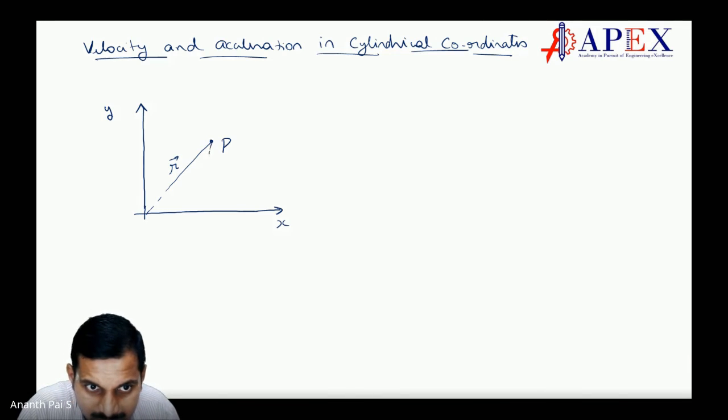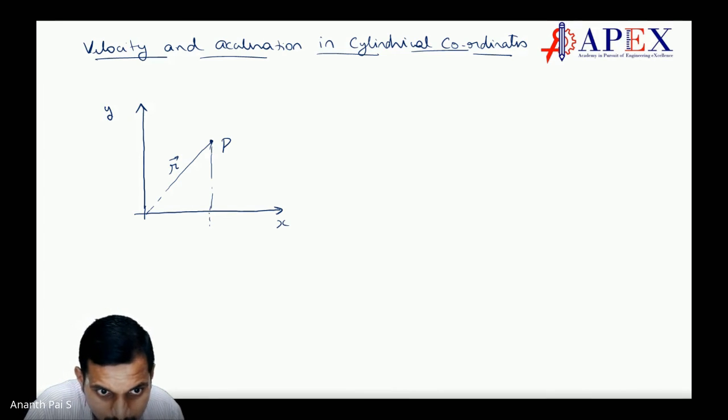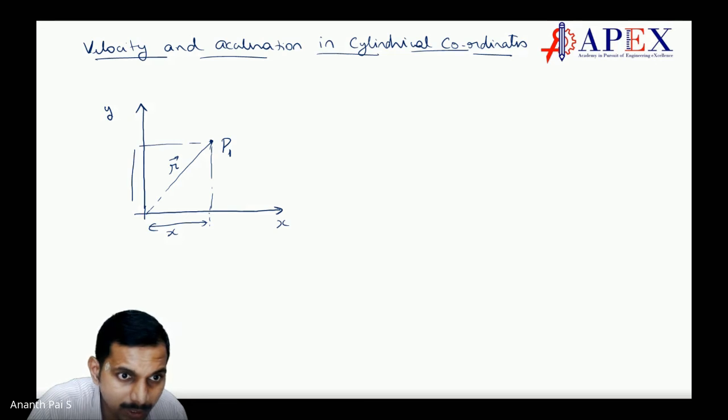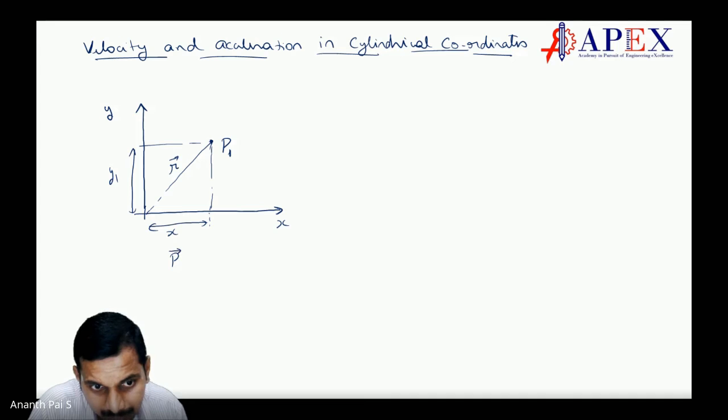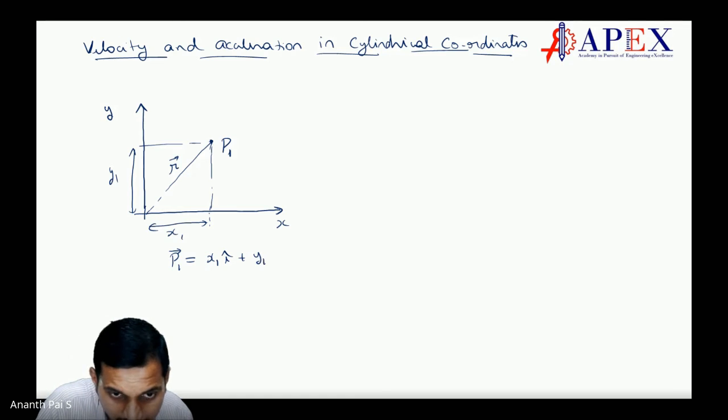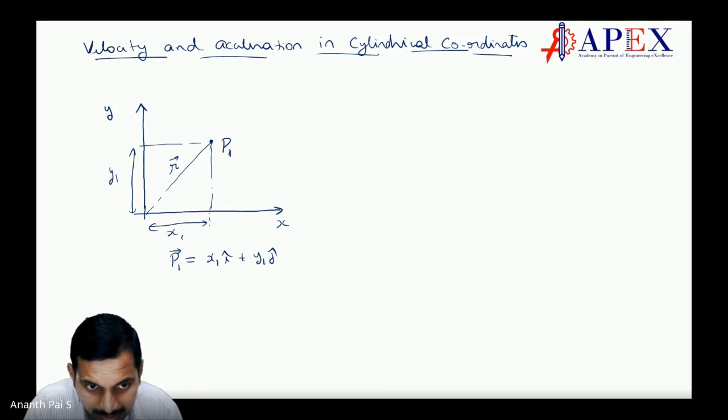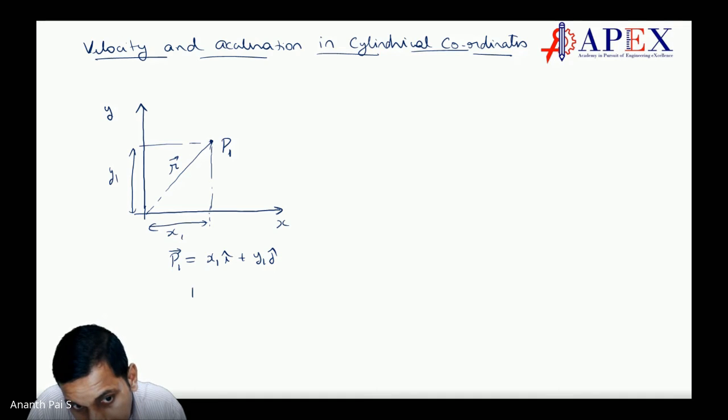Say this is P1, then this is x1, and this is y1, correct? The position vector of P1 can be written as x1 i plus y1 j, correct? That's how I can do it, is it not?